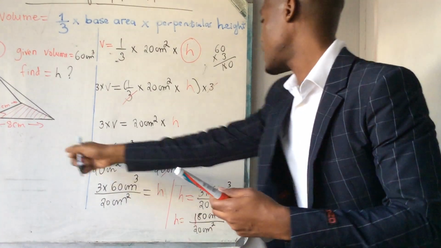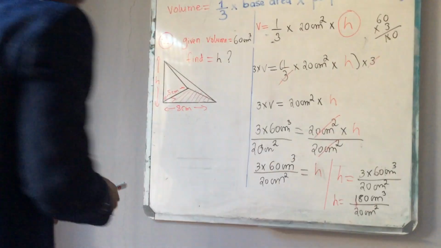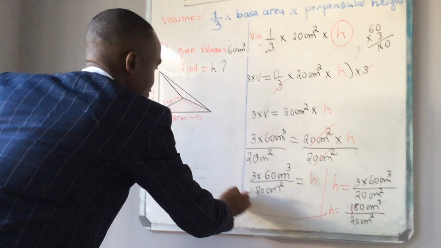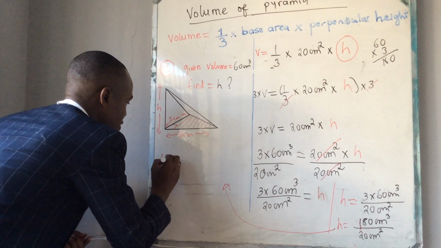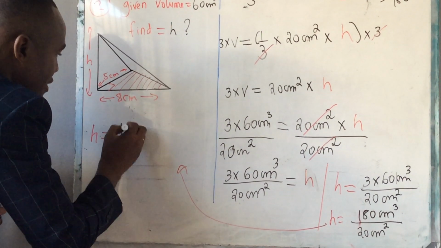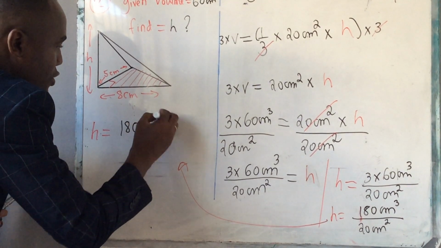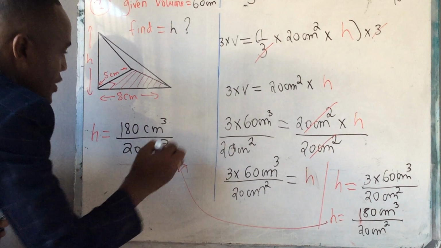Now we can transpose it to this side because we don't have enough space over there, and conclude our problem on this side. We're going to have h equals 180 centimeters cubed over 20 centimeters squared.